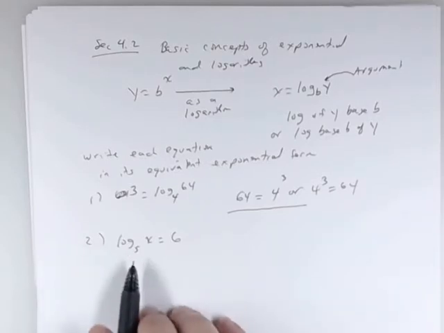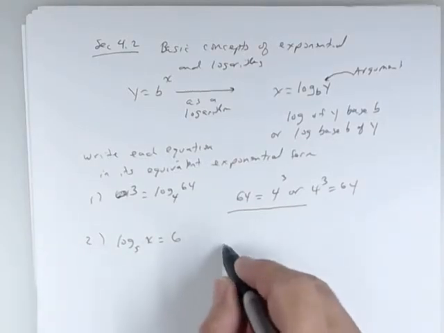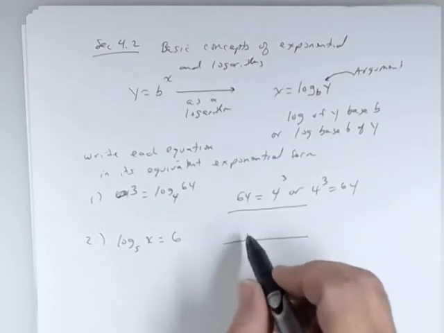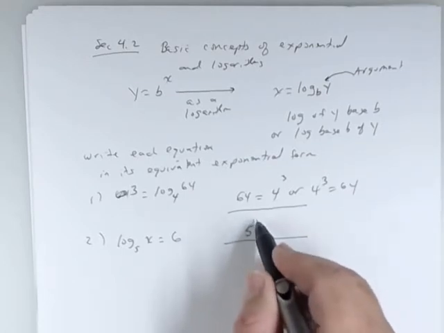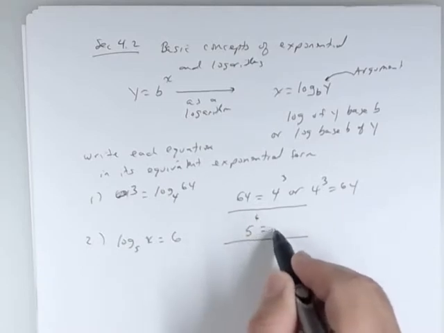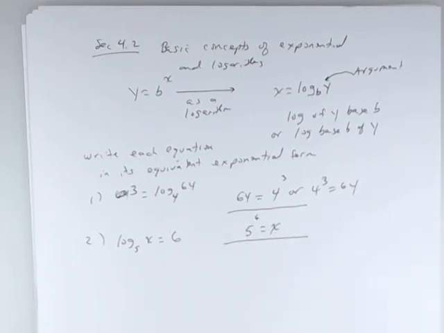So you want to go from this log equation to an exponential. What are you going to write first? The base, which is what? 5. Then you write the exponent. What's the exponent? 6. Equals the argument. What's the argument? X. That's your answer.